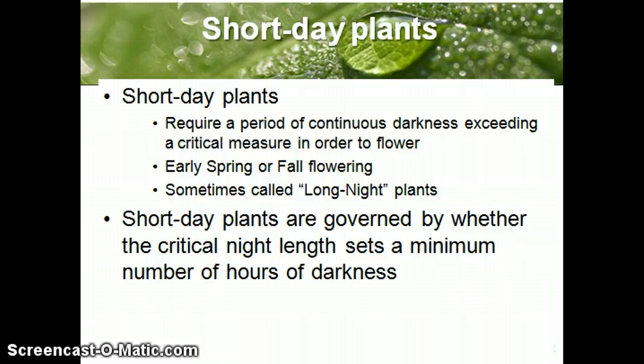It needs a long period of darkness in order for there to be flowering. So short day plants are governed by whether the critical night length has been met. So there's a minimum number of dark hours that are needed in order for flowering to occur.